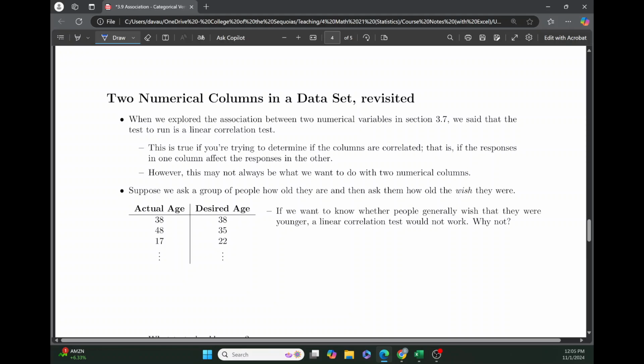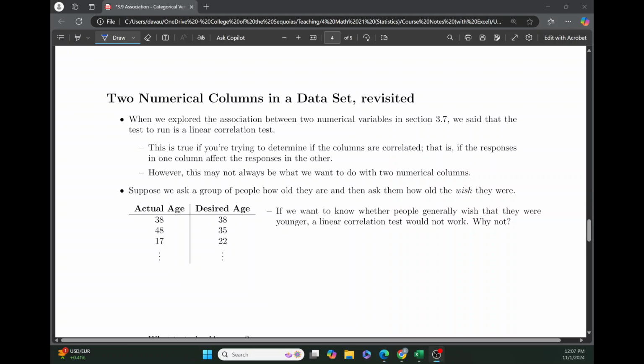And what we've talked about before is that if we want to explore whether there's an association between two numerical columns, then we would run a linear correlation test. And this is true if what you're trying to do is determine if the columns are correlated, if you're trying to determine if there's an association between the variables in those columns, right? If the responses in one column affect the responses in another one. But this may not always be what you're trying to do with two numerical columns. Okay, let me give you a couple examples.